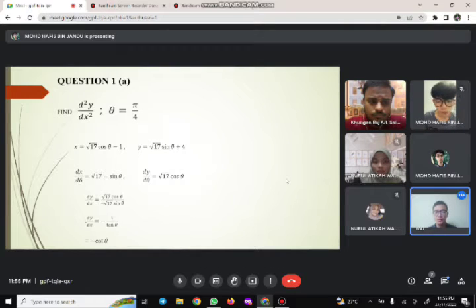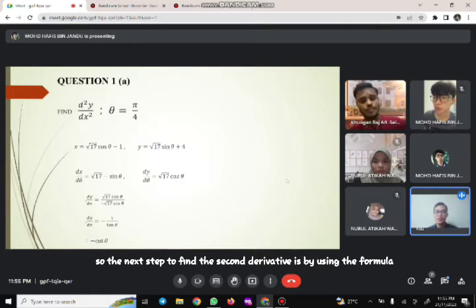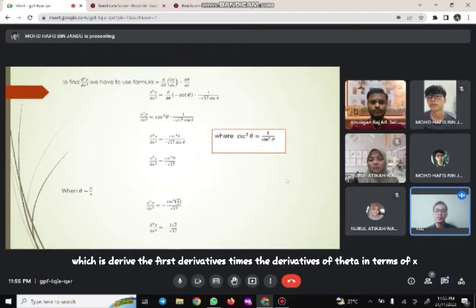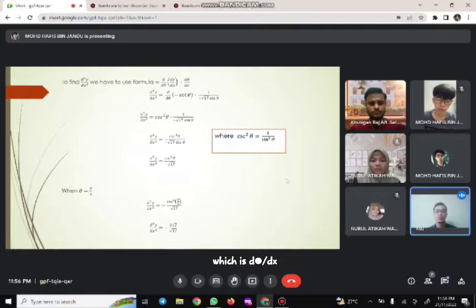So the next step to find the second derivative is we use the formula, which is derive the first derivative times the derivative of theta in terms of x, which is d theta over dx.